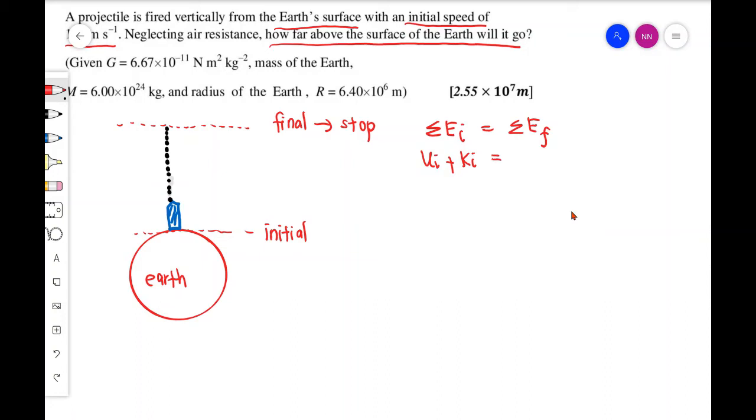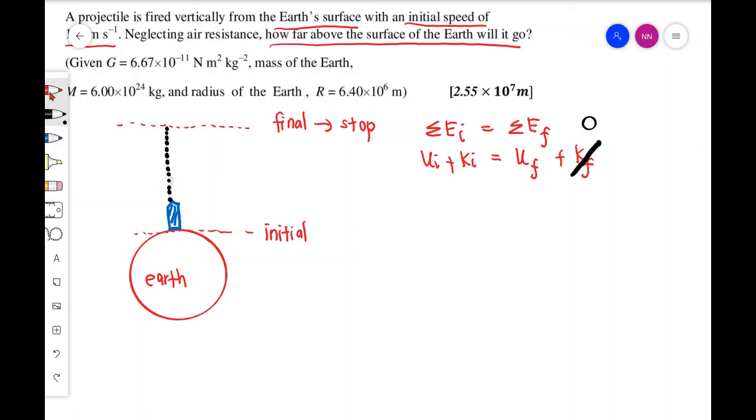And then dekat final position dia ada gravitational potential energy final Uf and then kinetic energy final. Bila dia stop tadi, kita discuss dia akan pergi sehingga dia stop, tu maksimum yang projectile ni dapat pergi. Jadi bila dia stop, maksudnya kinetic energy dekat final ni adalah 0.